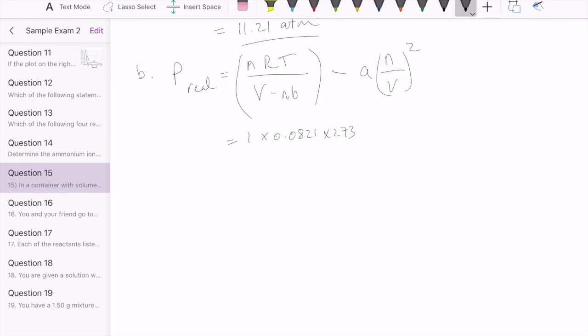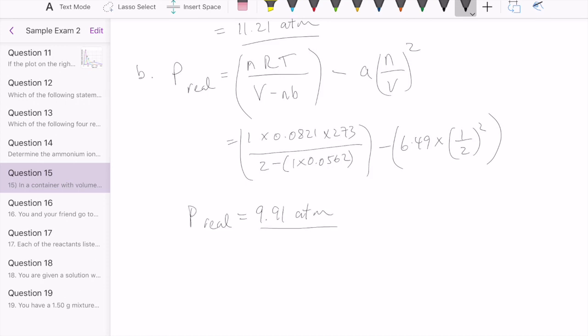So 1 times 0.0821 times 273 divided by 2 minus 1 times 0.0562, that's the b value. So that's one component minus then a, which is 6.49 times 1 over 2 squared. Okay, and so if I plug in the numbers in the calculator, I'm going to get 9.91 atmosphere for that number.